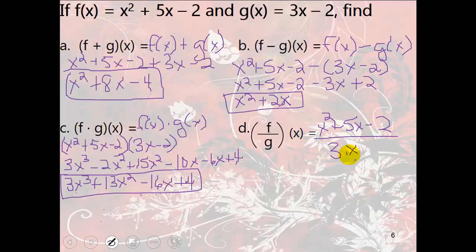That's all we have to do on this one, except for state what my domain cannot equal. And it can't equal anything that makes 3x minus 2 zero. So I say 3x minus 2 cannot equal 0, 3x cannot equal 2, and x cannot equal 2/3. So as long as x does not equal 2/3. Okay?